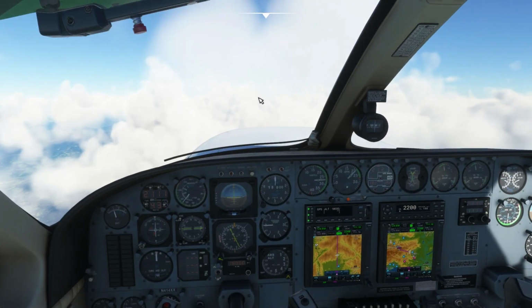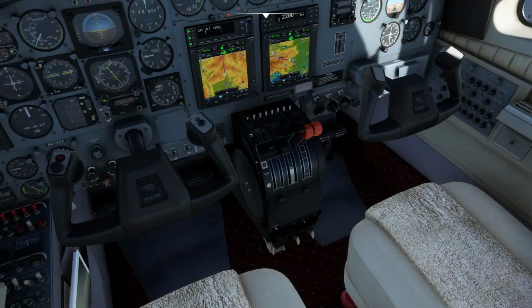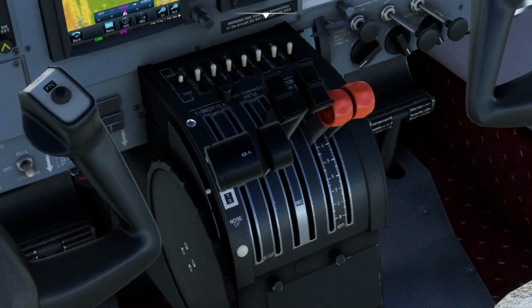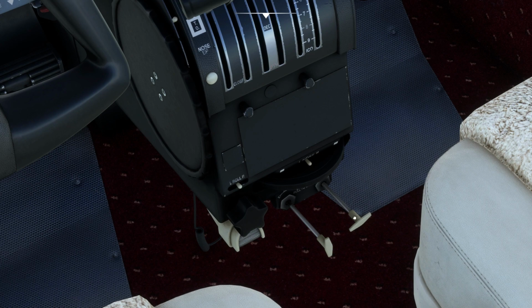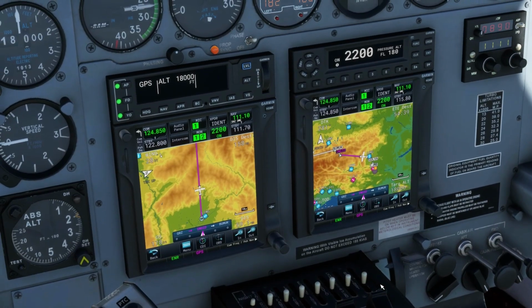Oh my god, this is okay. The stabilizer, this can be closed because the engine is in low power.